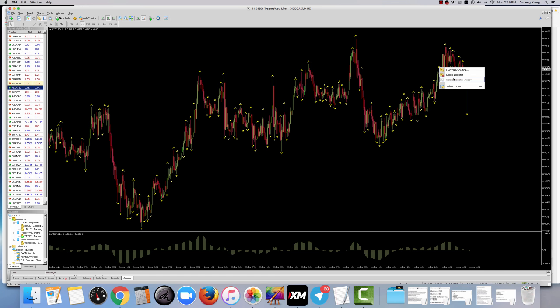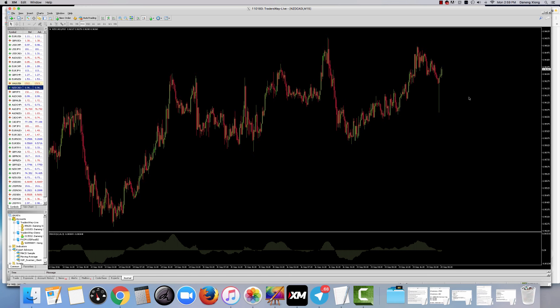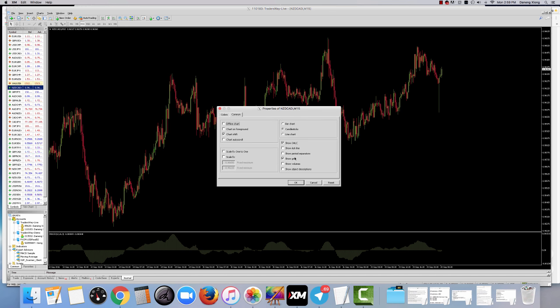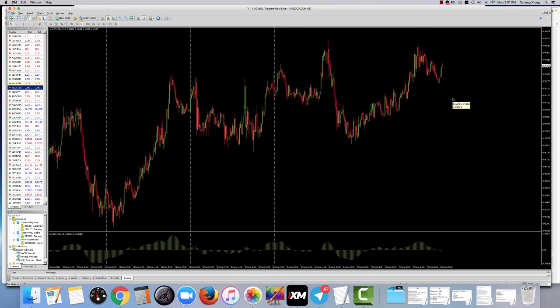Let me delete these fractals out here. Okay, so the 15% commitment rule is that the price has to move at least 15% in the opposite direction of its last big move.